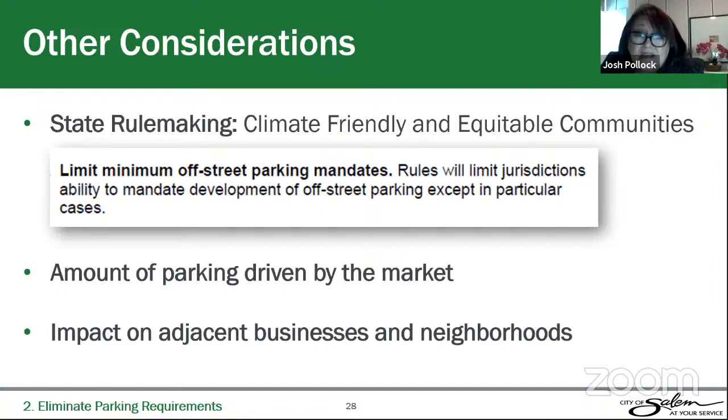If there is a requirement, if we don't get a particular mixed use that has no requirement, but there has to be off-street parking, can we have something that talks about parking lot sharing?